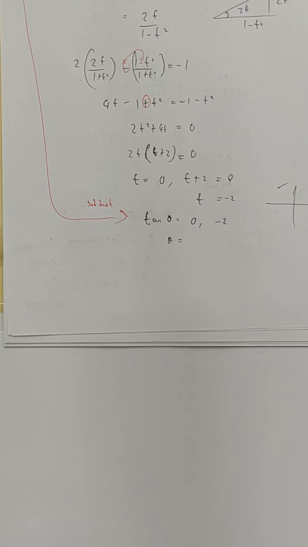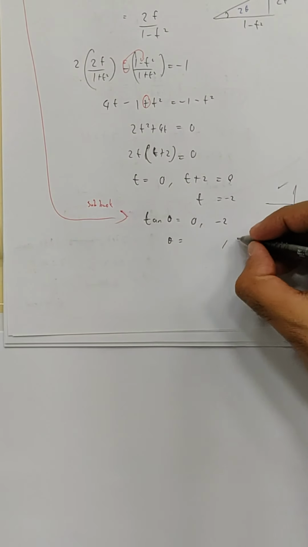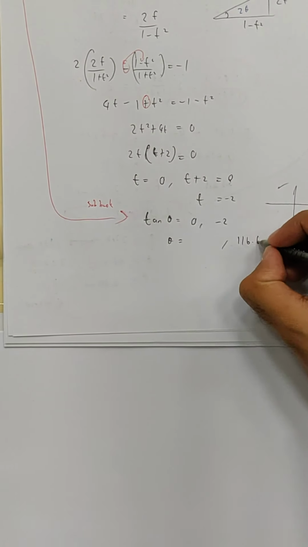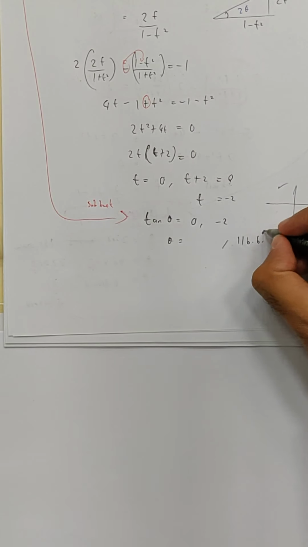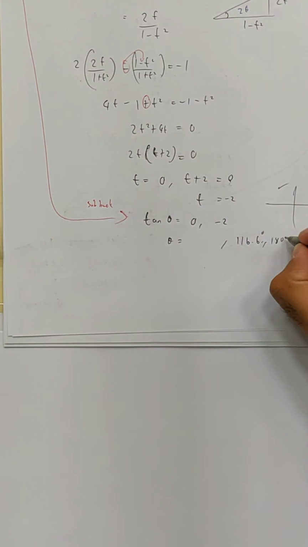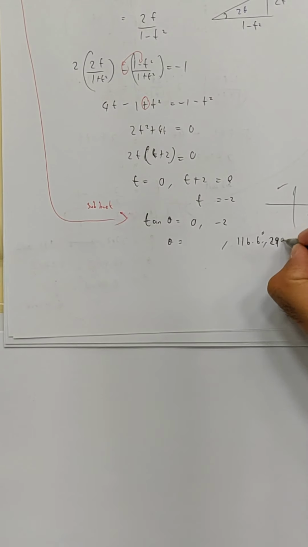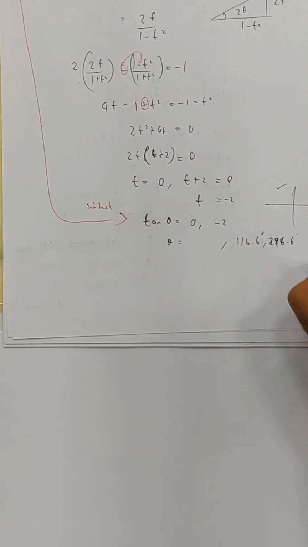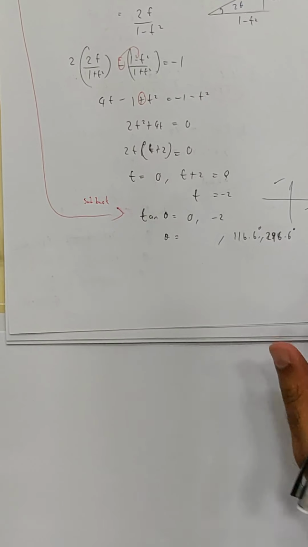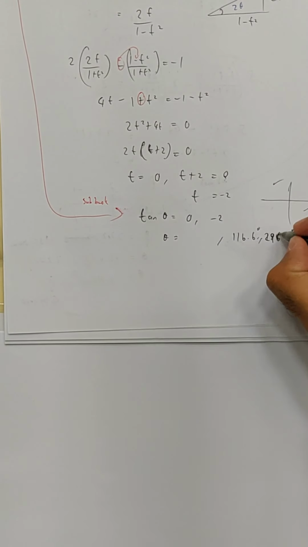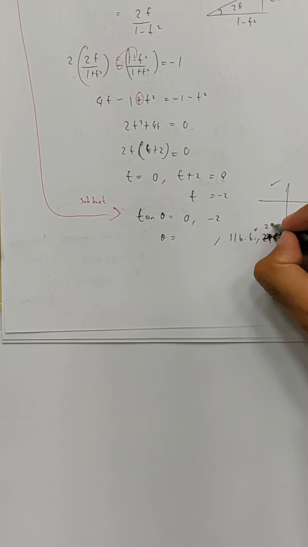Second and fourth. 116.6, 180, sorry, and 296.6. You can put this if you want to, it's alright. 296, oh my goodness, my handwriting. Let's just rewrite that.